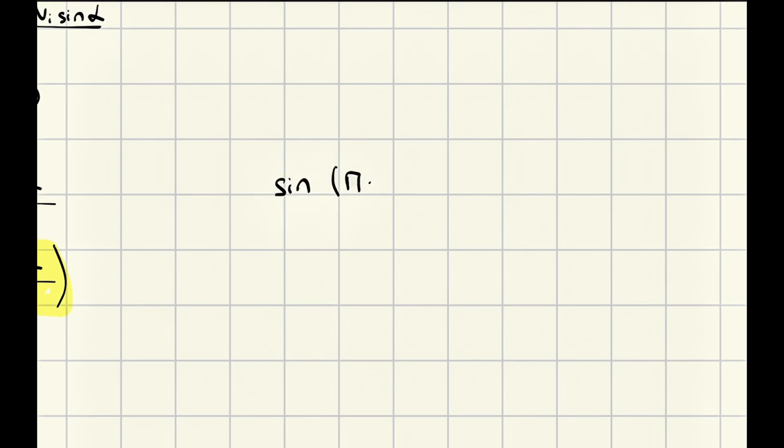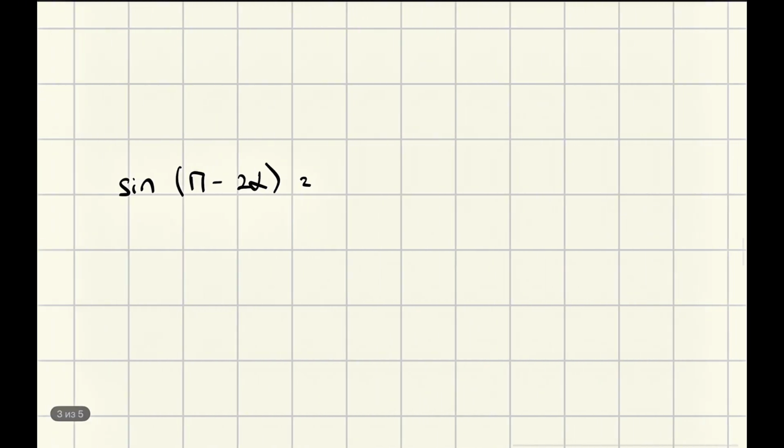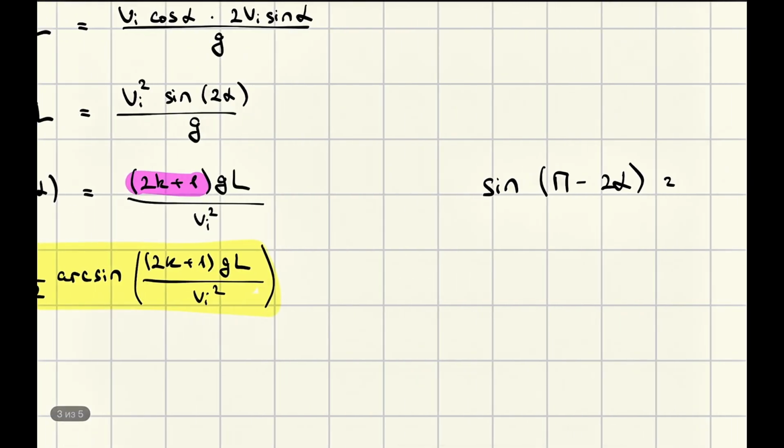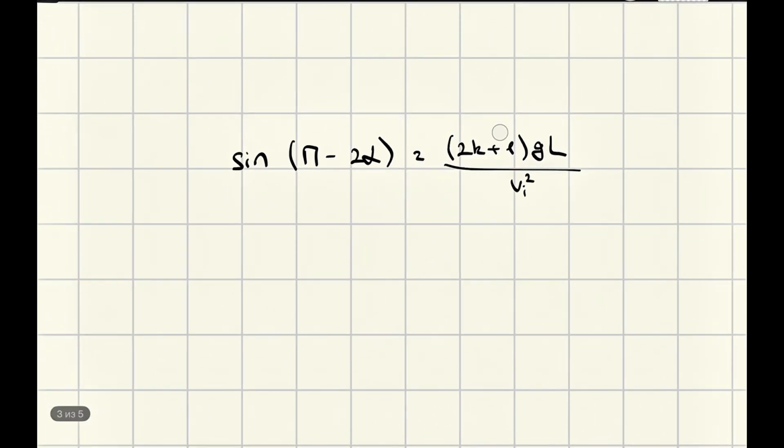Sine (pi minus 2 alpha) equals this thing. Let me just copy it, take it, and put it right here. Yeah, that would be good.